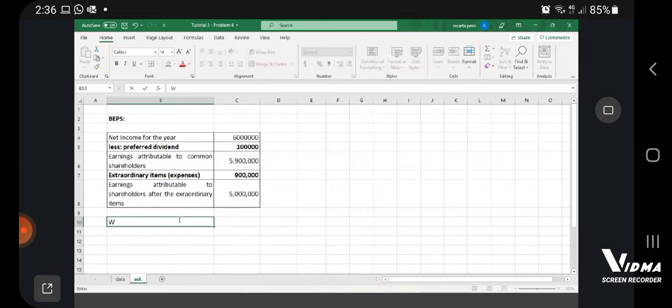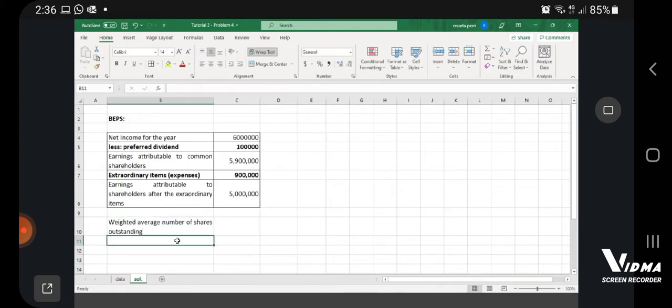The next thing we need to decide is the weighted average number of shares outstanding. So how many shares we have had in issue during this year. Remember that we start with 3 million shares, and they are in issue for 8 months out of 12 before we issue 400,000 new shares, and that means that for the rest of 4 months of this year, we have in issue 3,400,000 shares.